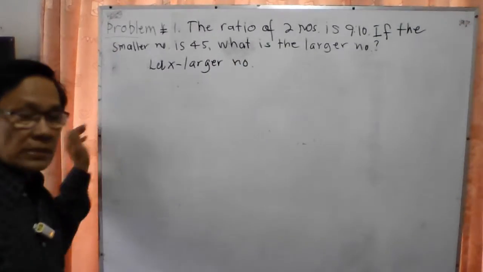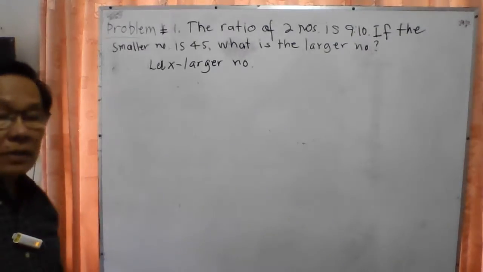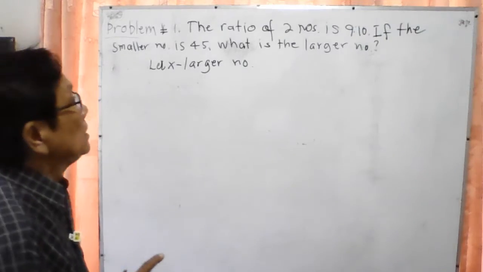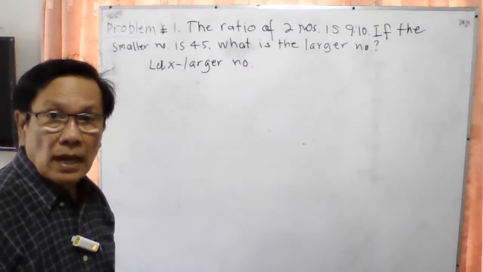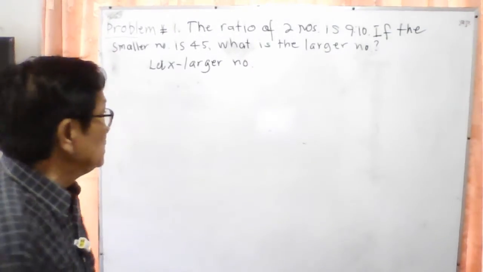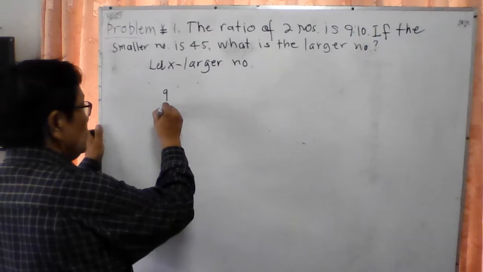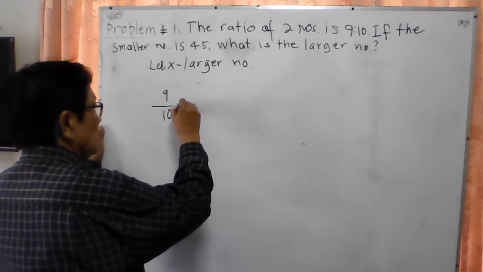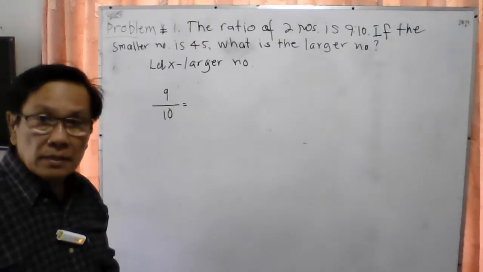What is the given? There is a ratio of the smaller and the larger number being 9:10. We can write that down in terms of a fraction with 9 as the numerator and 10 as the denominator. And then let's apply the different givens in the problem.